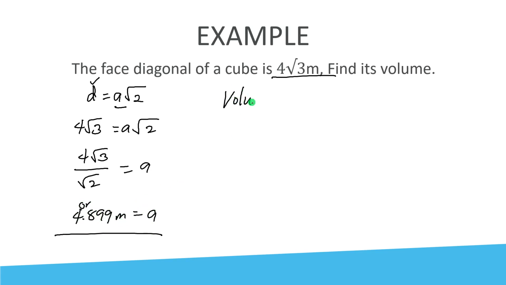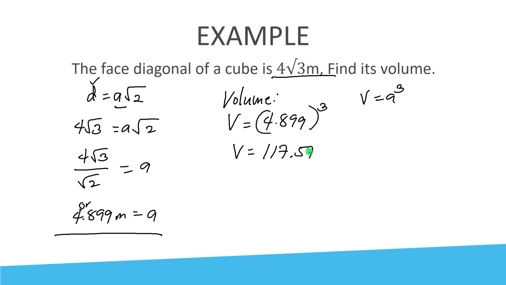For the volume, we have volume V equals 4.899 raised to 3, because volume is A cubed. So 4.899 cubed is 117.577 cubic meters. That's the answer.